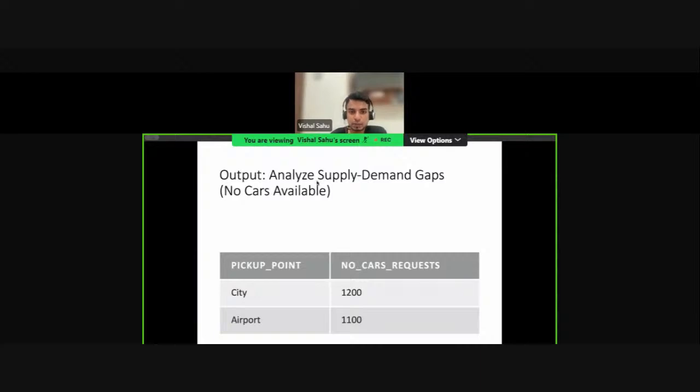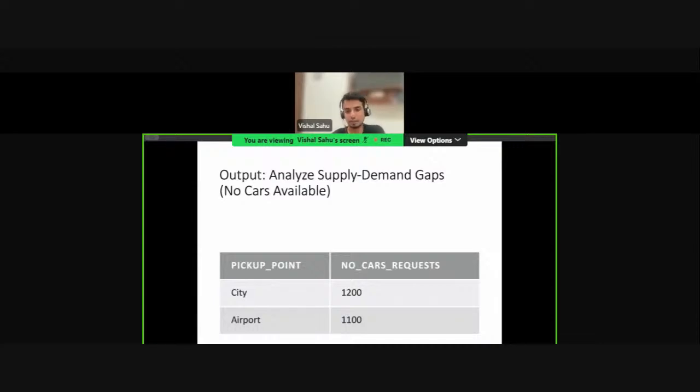As I can see, city has 1200 requests where there were no cars available, and airport had 1100. That also looks aligned with our original business.